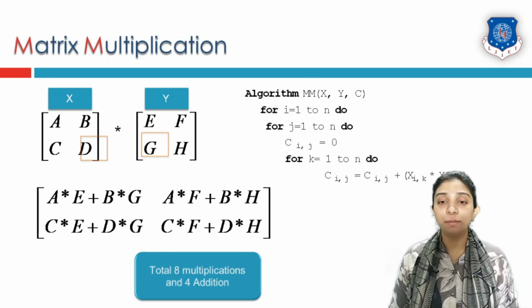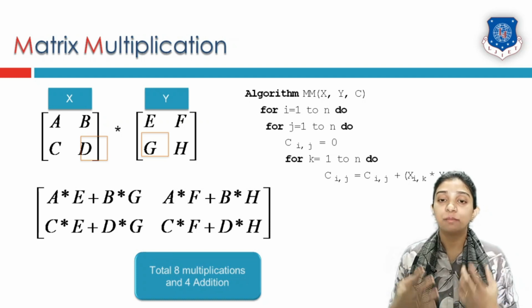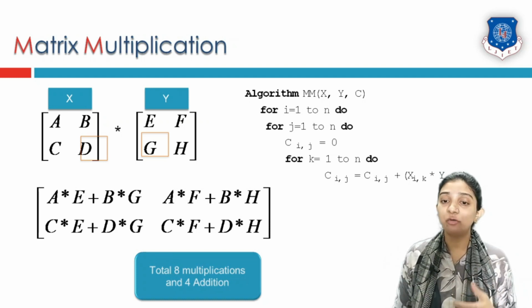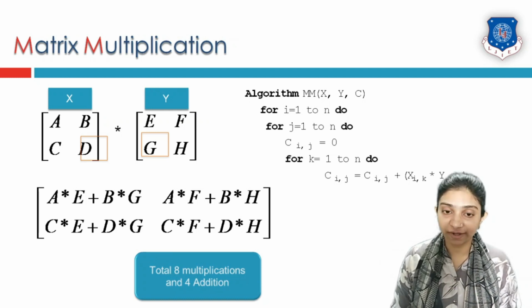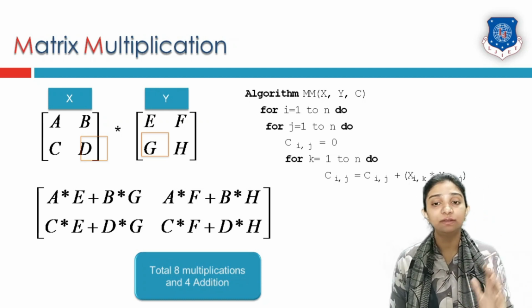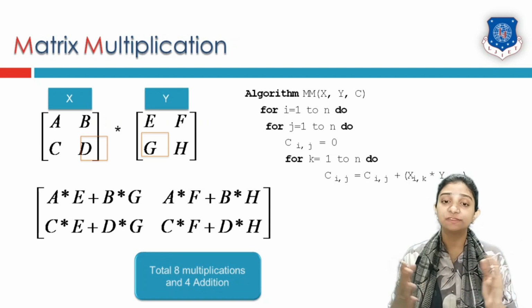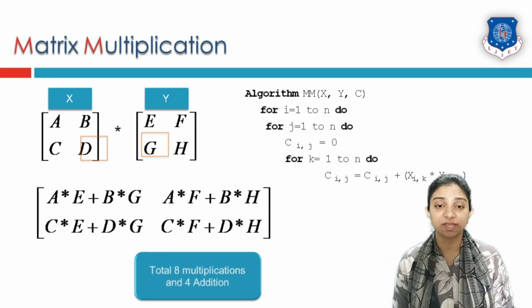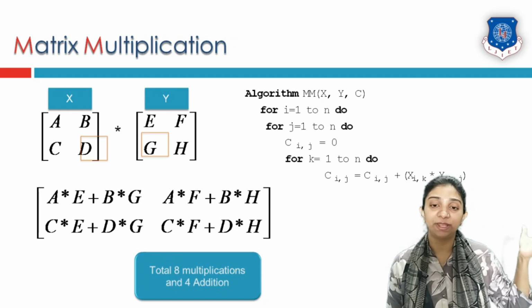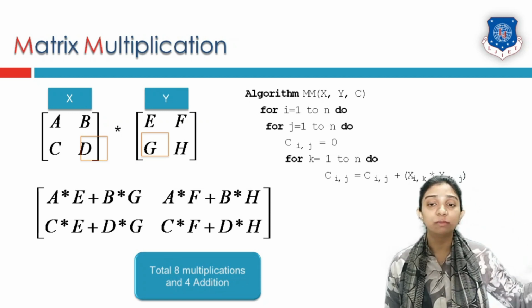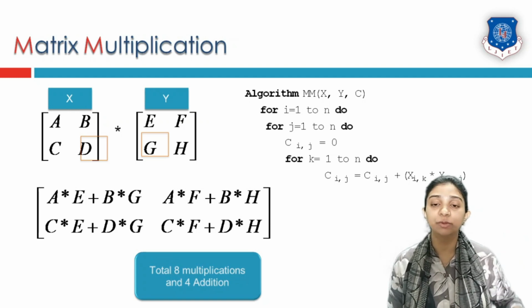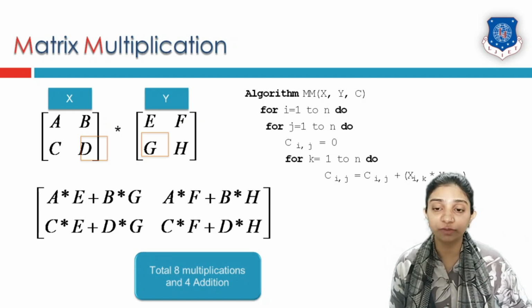If we apply a 2 cross 2 matrix getting multiplied with a 2 cross 2 matrix, how many total multiplications are done? From this resultant matrix, calculate how many times multiplications are done. 2 multiplications in the first component, 2 multiplications in the second component, 2 in the third component and 2 in the fourth component.